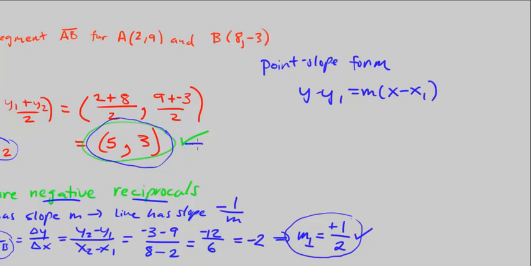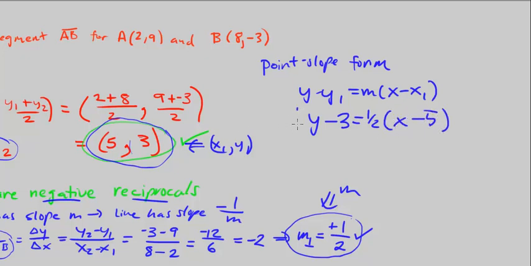Here is our point, so that's x1 comma y1, and here is our slope m. So let's plug those in. y minus 3 equals 1/2 times (x minus 5). Okay, and so this is the equation of the perpendicular bisector of our segment AB. So this is the answer.